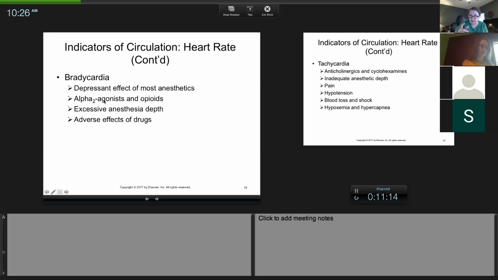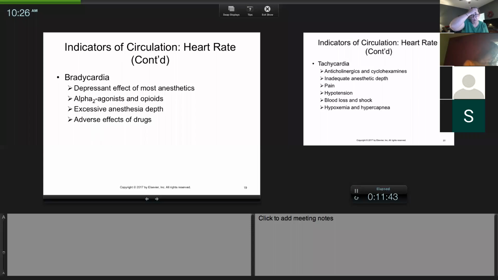We're doing drugs next, and I'll get into the specific drugs, but alpha 2s, xylazine, dexmedetomidine, cause the most severe bradycardia, but morphine, fentanyl, all do that. And then you just have them too deep. The deeper you keep them, the lower the heart rate, and then adverse effects of these drugs or other drugs. And also on here, hypothermia.